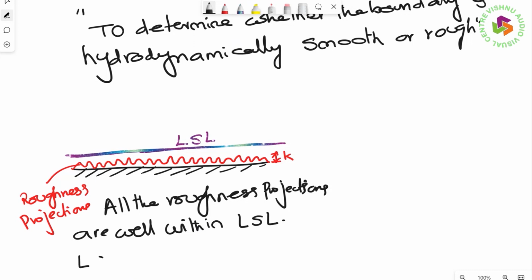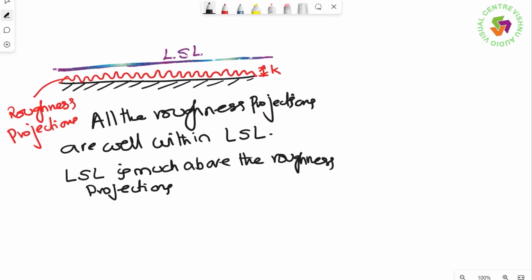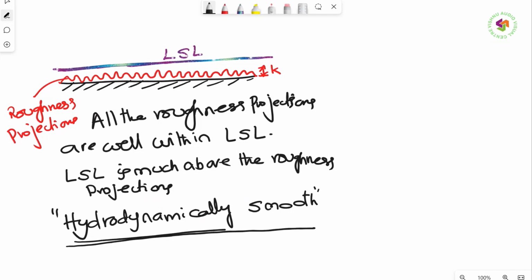Or in other words, the LSL is much above the roughness projections. Such a pipe is called hydrodynamically smooth because the roughness projections are not exposed at all. They are completely covered by the laminar sublayer. Then we call that pipe boundary a smooth boundary.